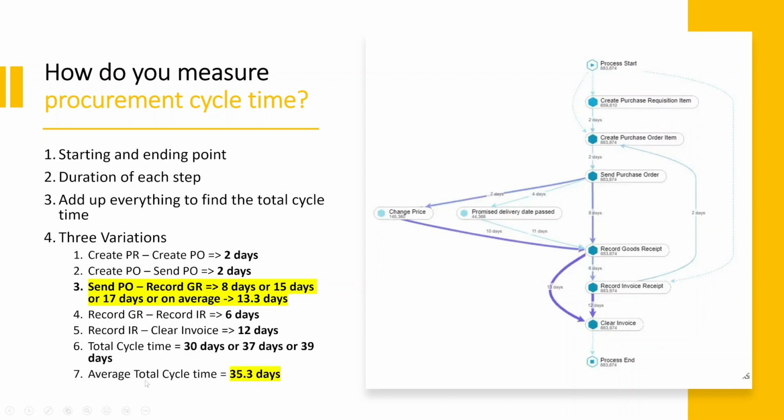Adding that all up comes to an average total cycle time of 35.3 days. So what we can say is this particular process takes, on an average, with these three variations, an average total cycle time of 35.3 days. So against that, you can think about how you can decrease that in order to improve the overall procurement process.